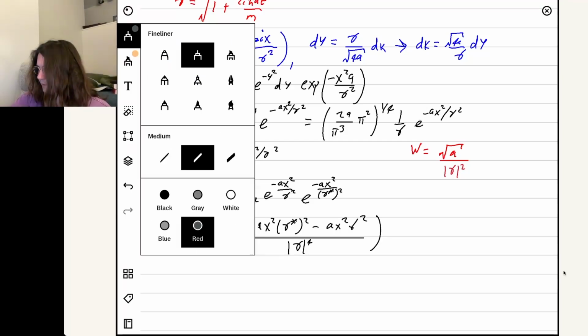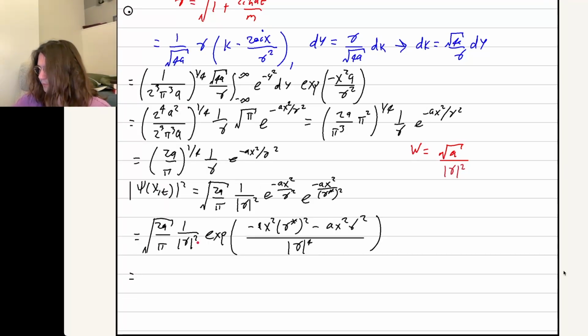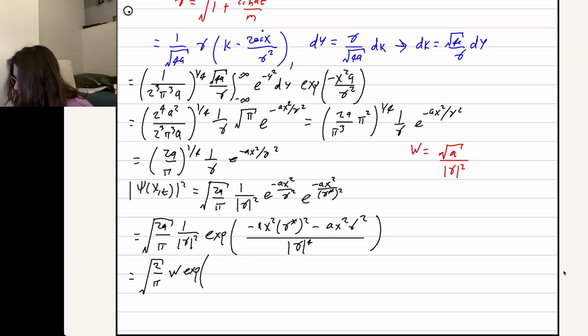So I'm going to start using that because we have a root a, we have a over gamma squared over here, so this is root 2 over pi times w times exp, and I do have to actually expand the definition of gamma for these parts.